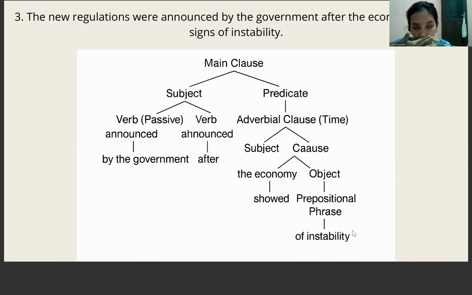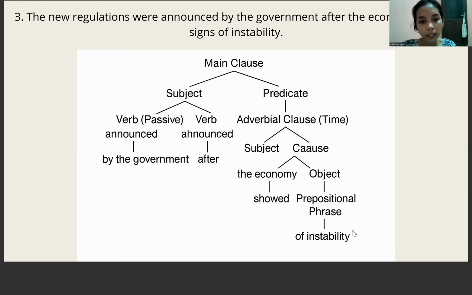Okay, next, the third sentence. This is all about: the new regulations were announced by the government after the economy showed signs of instability. So in here they have a main clause as a subject and predicate. In the subject they have a verb passive and verb.